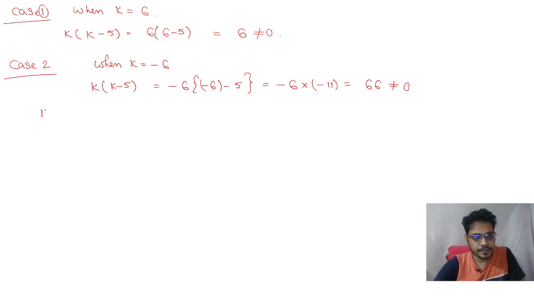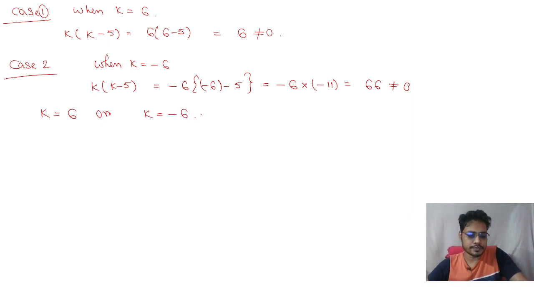That means where it has no solution, the value of k is 6, or the value of k is minus 6. It has no solution.